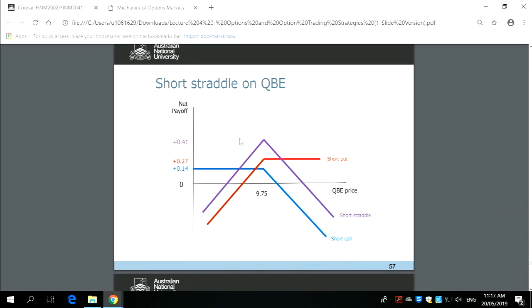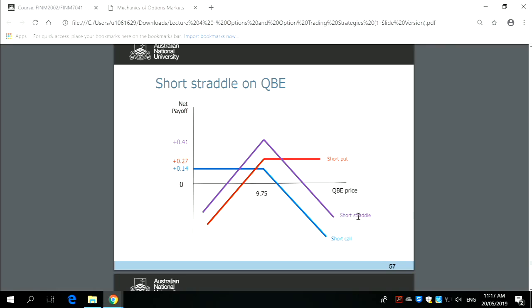Looks like this. So with the short straddle, you hope for stability, which means you hope that the stock price would hang around that $9.75 region and not move much. Now, if the share price becomes really, really high on the right-hand side, you lose a lot of money.